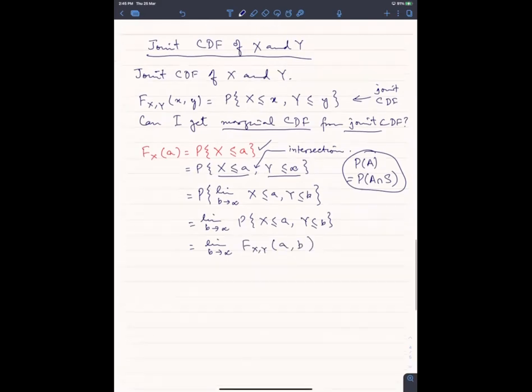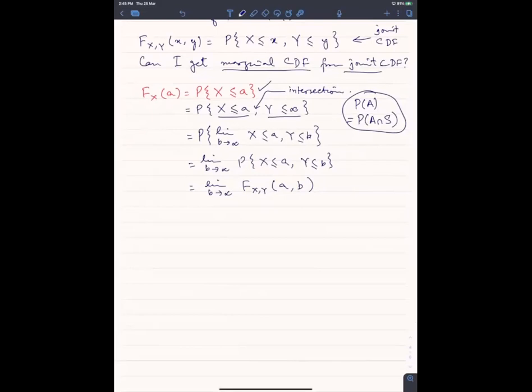So it is F_XY of a comma infinity. So from the joint CDF, I can find the marginal CDF.